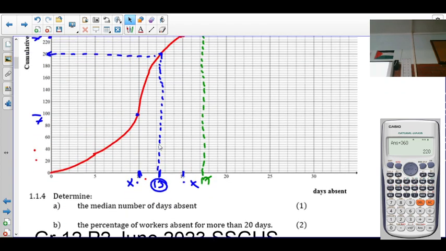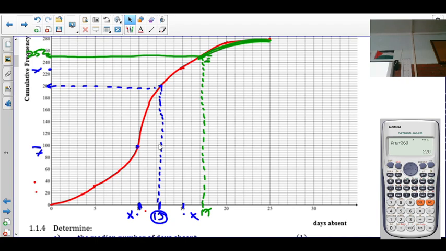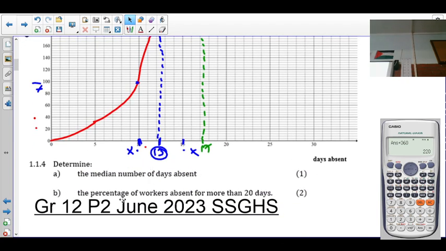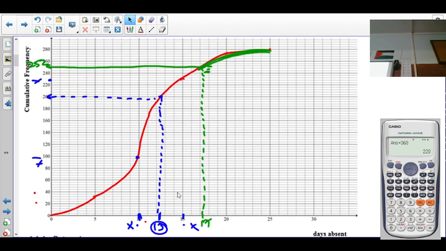So here we are told, determine the median number of days absent. People, the median is the middle value of sorted data. Now this data is sorted, not so? So the middle of 280 is 140. So there is 140 here, not so?